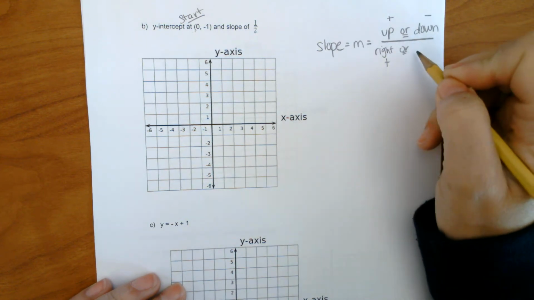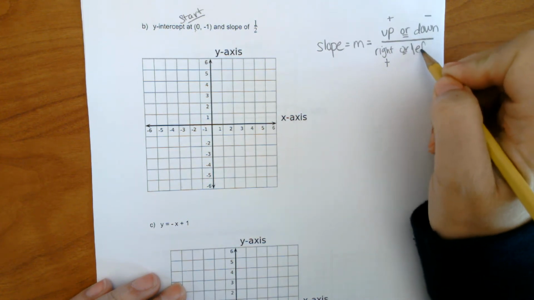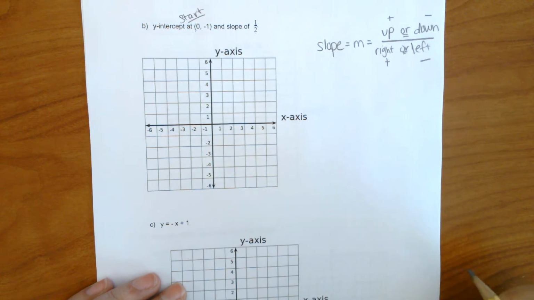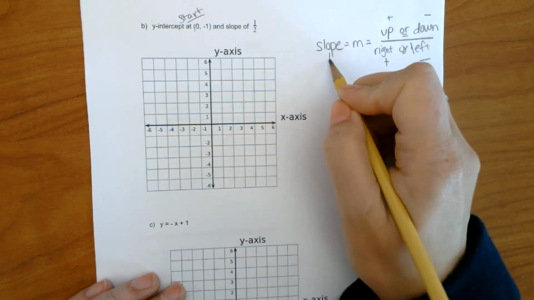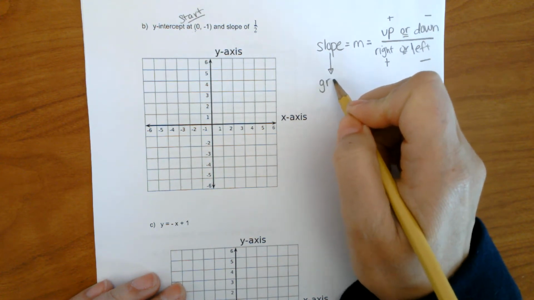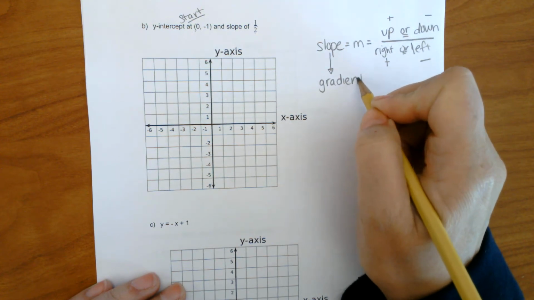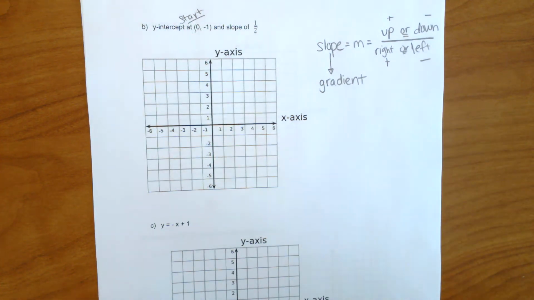Or if the number in the denominator is negative, we're going to be going to the left. Also in IB, slope is called gradient. Same exact meaning. We're going on a slope, we're sloping or slanting. Gradient, same thing.